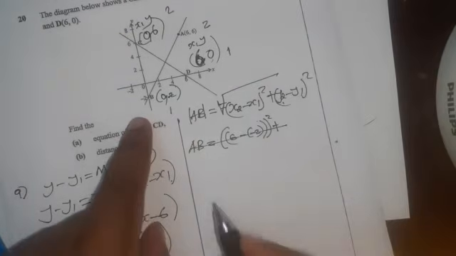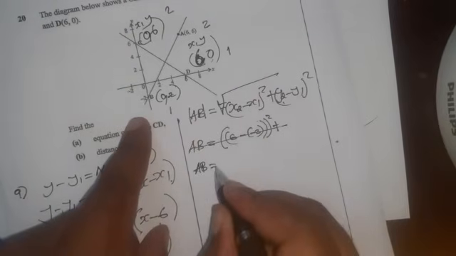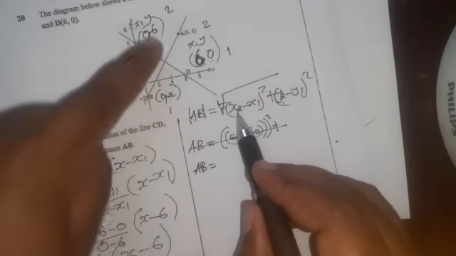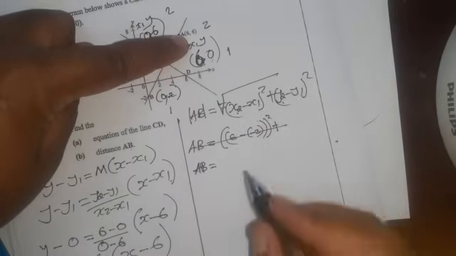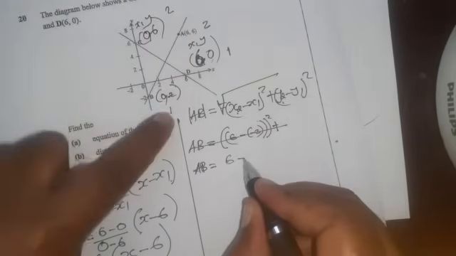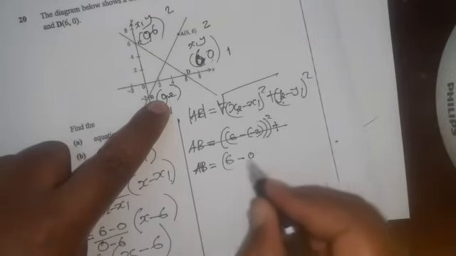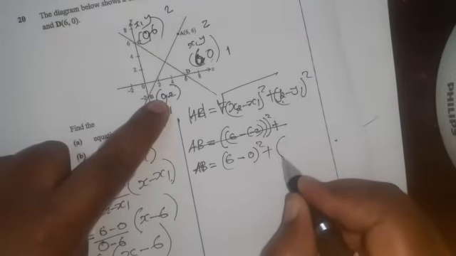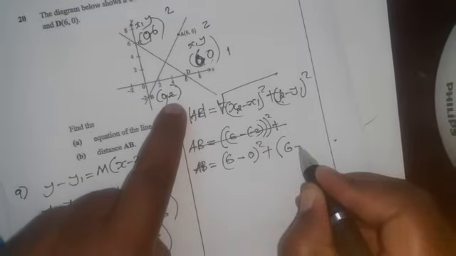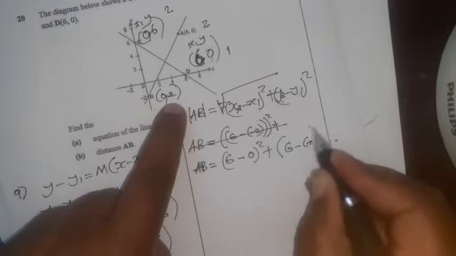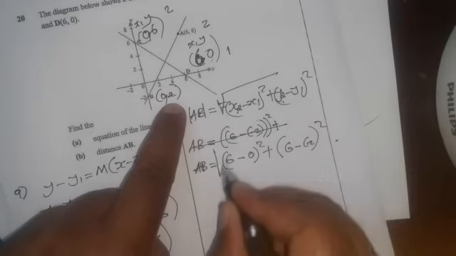Here, I think we've not written the correct thing. X2, what is our x2? X2 is 6. Minus, what is our x1? 0. Okay? Plus, what is our y2? 6. Minus, what is our y1? Negative 2. Alright? Then we introduce the root here.